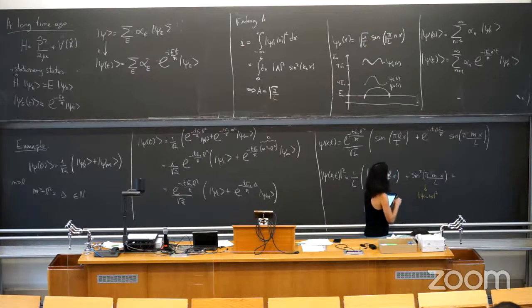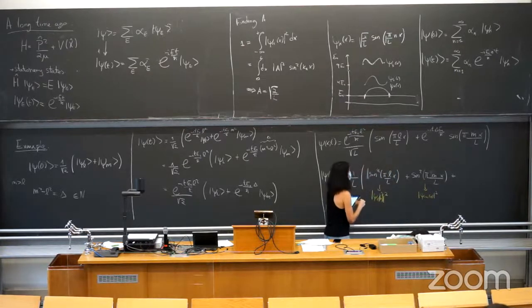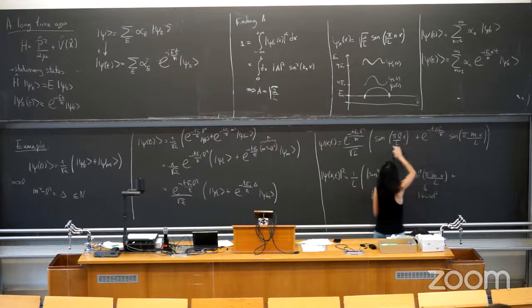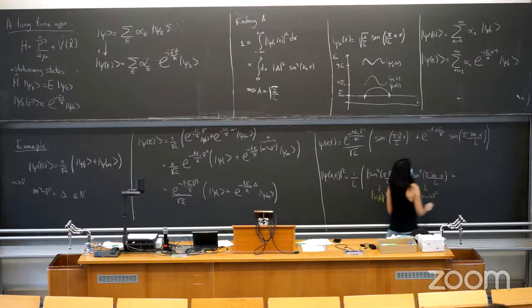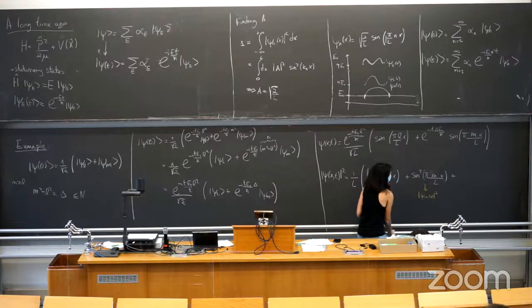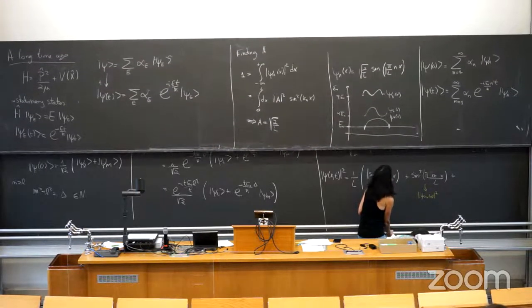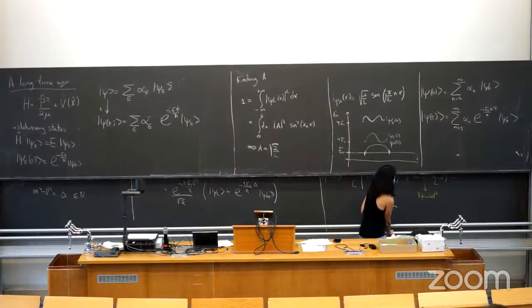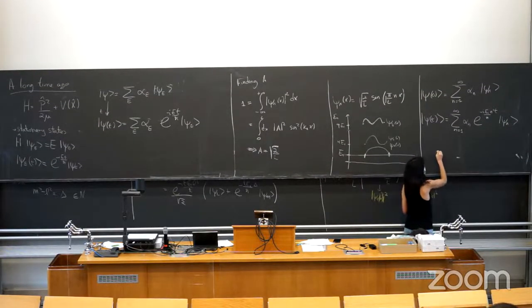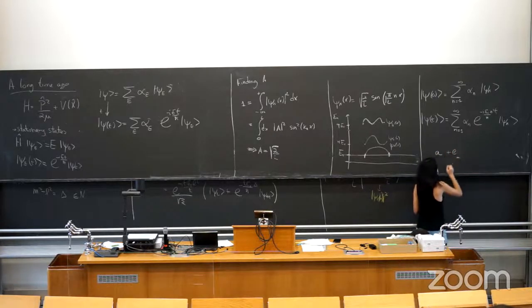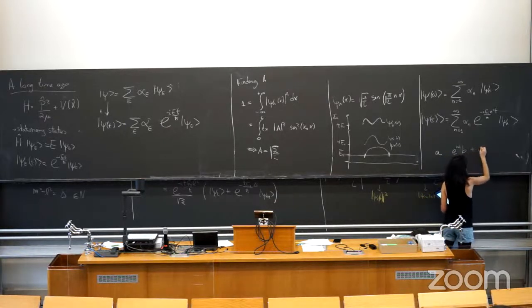Which again, think that these are real numbers, right? So maybe I'll do it here in small just to show you where it comes from. So if this first sine is A, a real number, plus e to the i something, B, which is a real number, we need to do the square of this, plus AB e to the minus i.